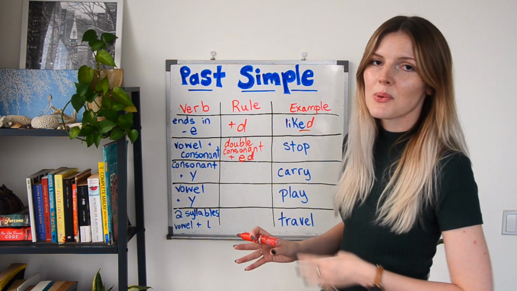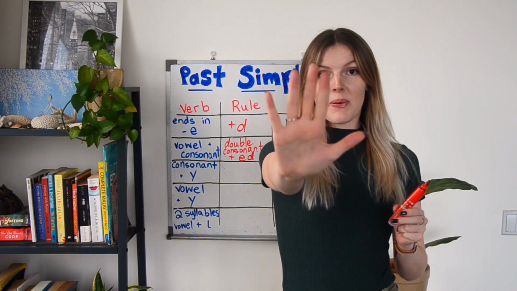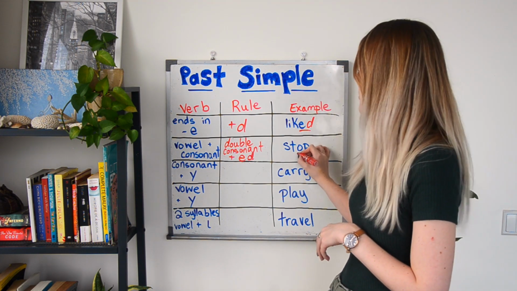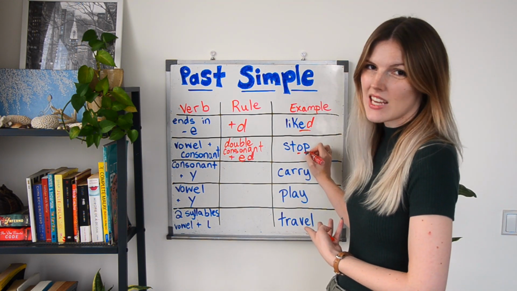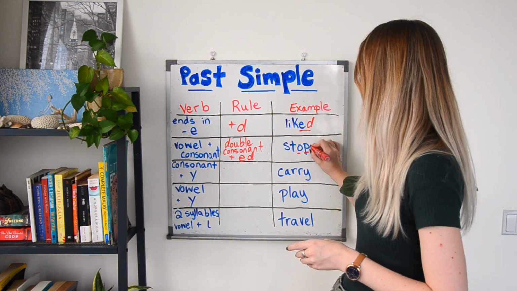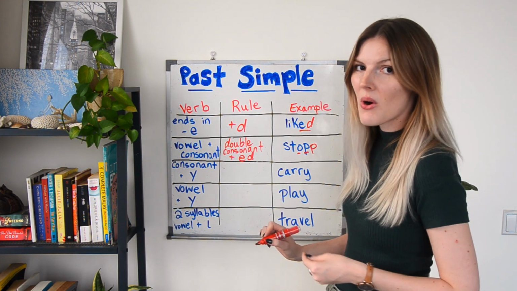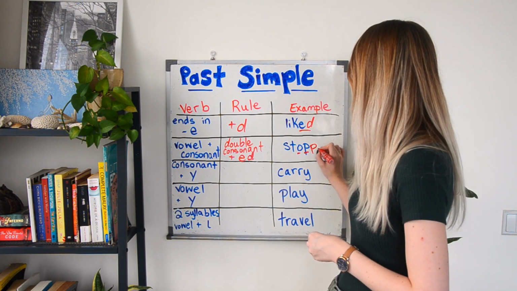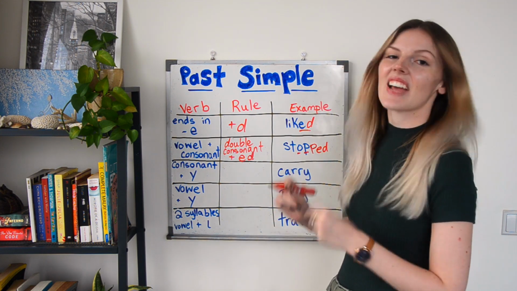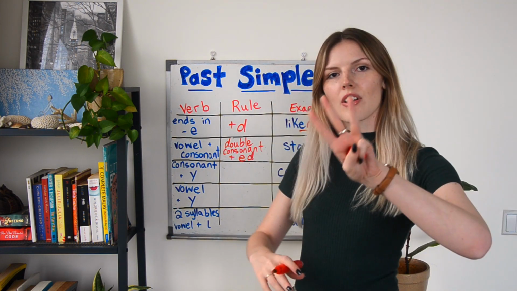So for example, with a verb like stop, we are going to see our vowel O, consonant P, and we're going to double that consonant, which means add one more and then add ed. Exactly.